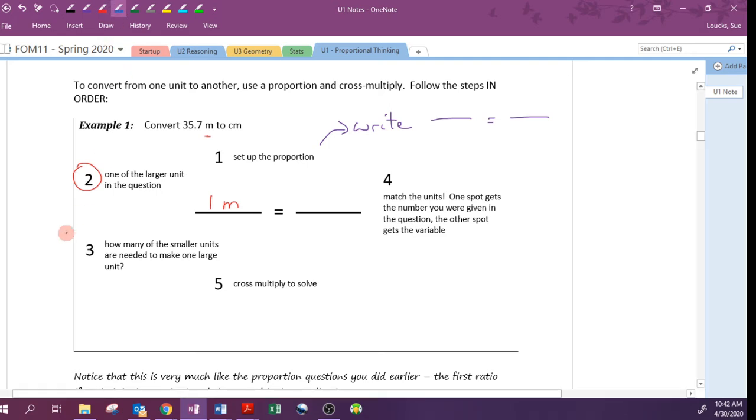Okay. Step 3 is how many of the smaller units do I need to make one of the large units? So if I don't know that offhand, I'm going to go killer hedgehogs dance, base unit, while devil cats meditate, and I need to go from meters, which is the base unit.